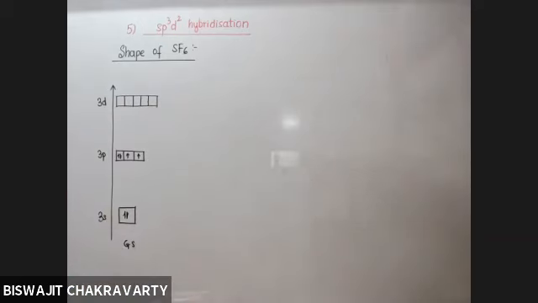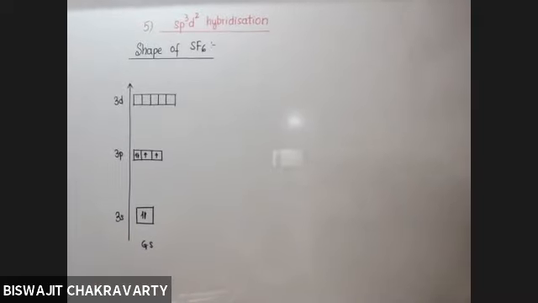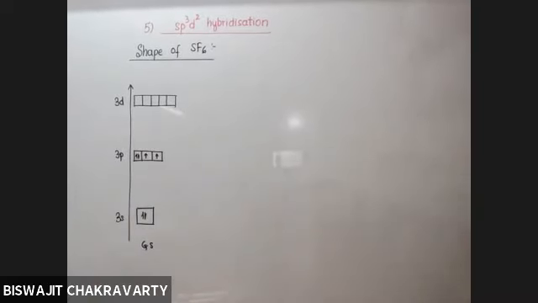How many unpaired electrons do you find in the ground state of sulfur? Only 2. But according to this formula, SF6, how many unpaired electrons should sulfur possess before combining with fluorine? 6.